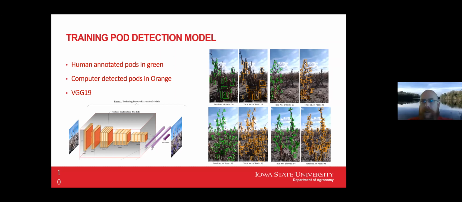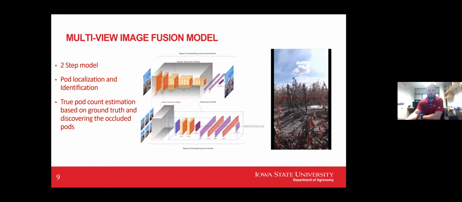Hey Matt, great presentation. How many images did you say again were used to train the model? So it depended on the model itself. For the pod annotation portion, I think we ended up having 523 images that were labeled. For the yield estimation portion, let me see if I can go back to it.